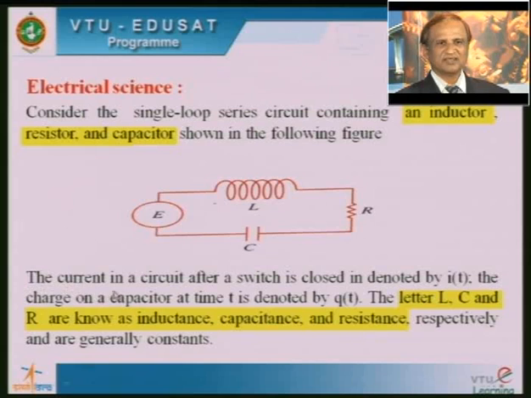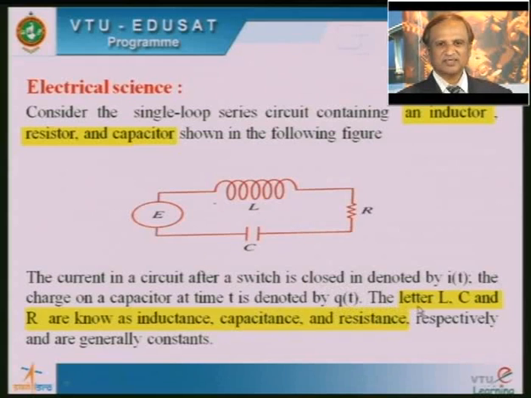The current in a circuit after a switch is closed: we close the switch, current will pass through the circuit, and it is denoted by I of t. The charge on a capacitor at time t is denoted by Q of t.